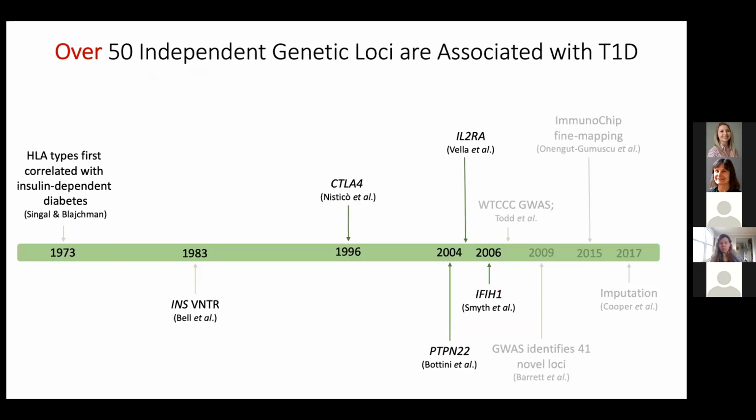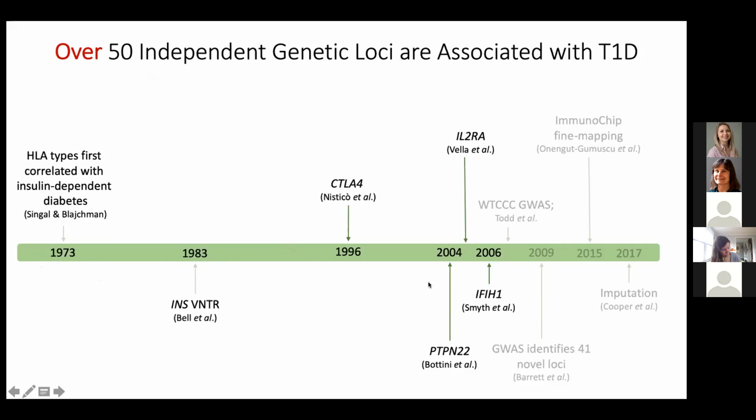If we look at the history of the genetics of type 1 diabetes, half of the genetic risk is in the HLA region, which was identified in 1973. Approximately 10 years later, the insulin VNTR, a variable number of tandem repeats in the promoter region, was identified to be associated with type 1 diabetes.